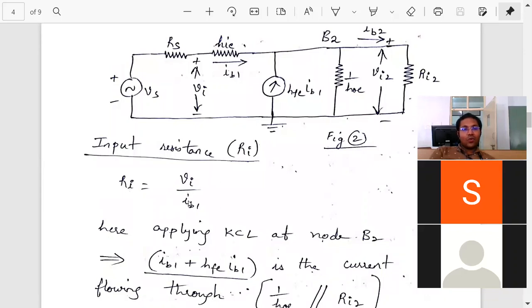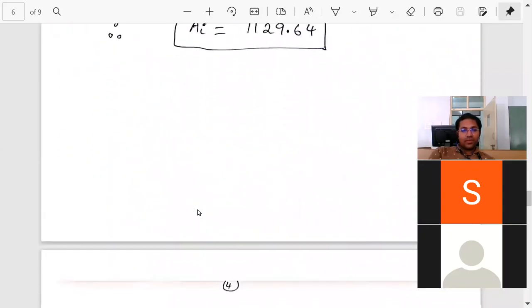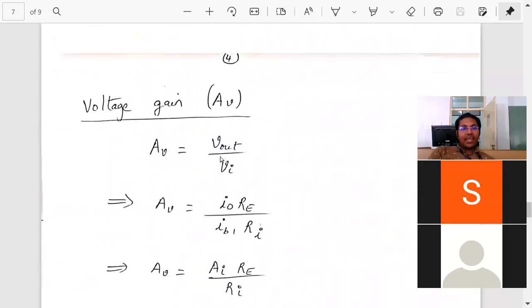RI is VI by IB1. So VI will be RI into IB1. So VI, I can write as RI into IB1.